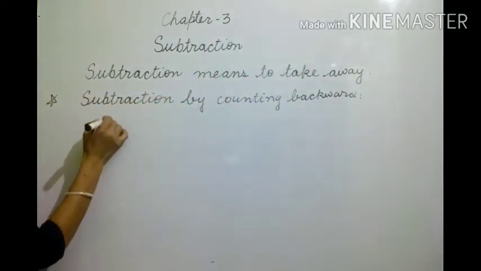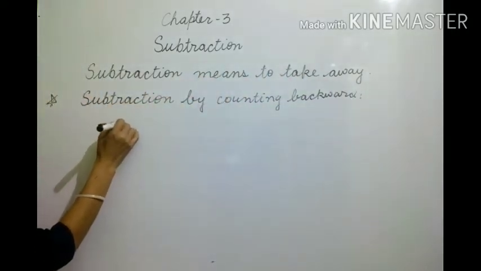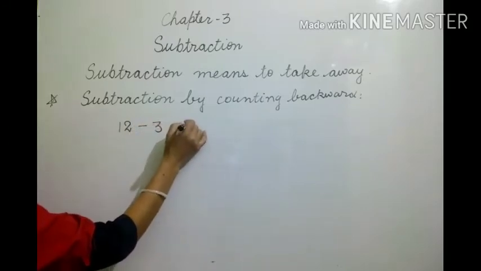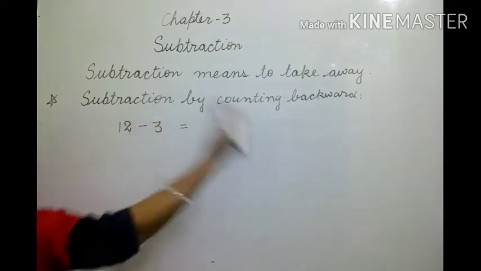How? Suppose I have to subtract 12 minus 3. Then how do we subtract? By counting backward.